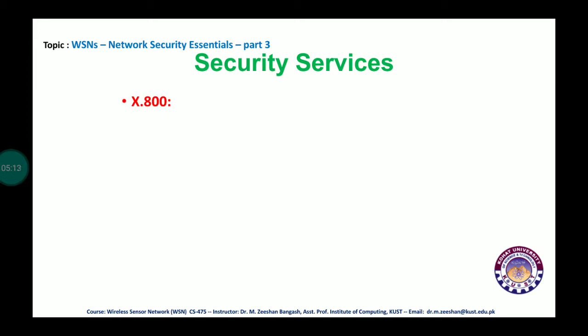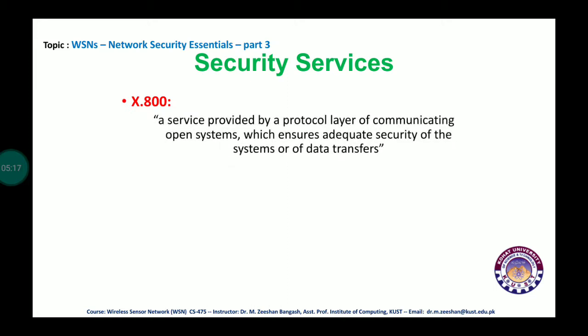There is perhaps a clearer definition in the RFC that will be discussed later on. So what is X.800? It's a service provided by a protocol layer of a communicating open system, and that ensures security of the system or security of the data that is to be transferred.